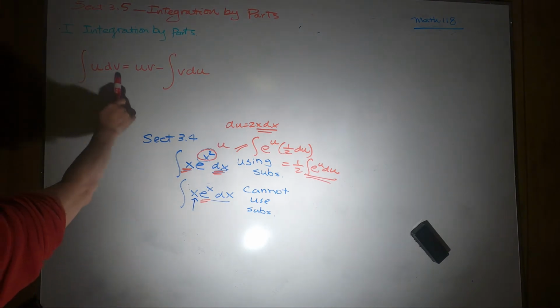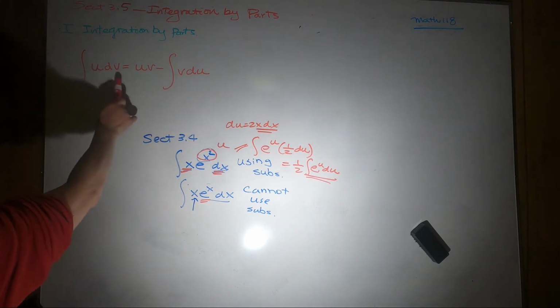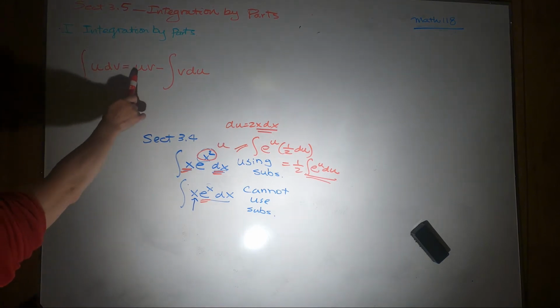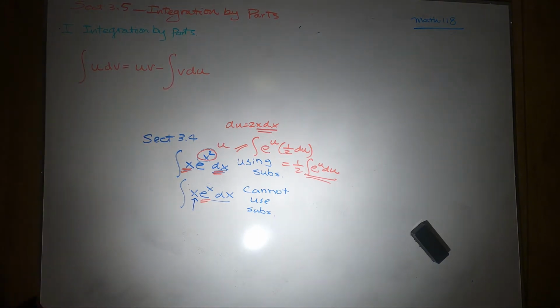Then we have to use something like this: the integral of u dv equals uv minus the integral of v du. Okay? And it's super confusing how we get here. We are going to talk about the reasoning.